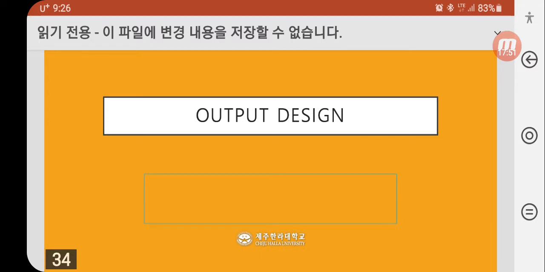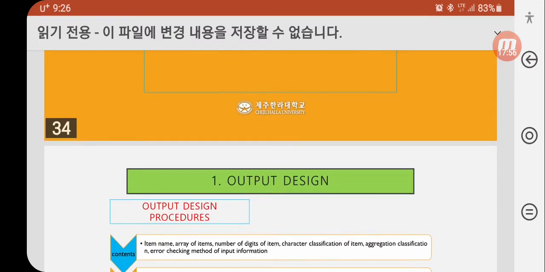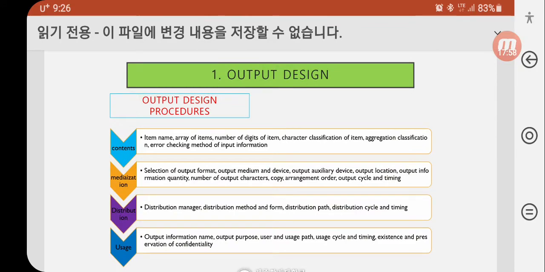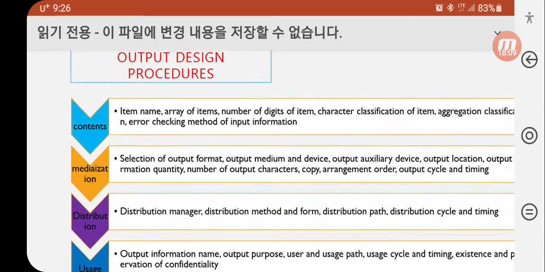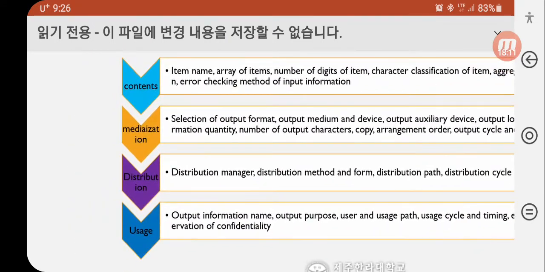Next, output design. Output design is processed following steps. First, content step.